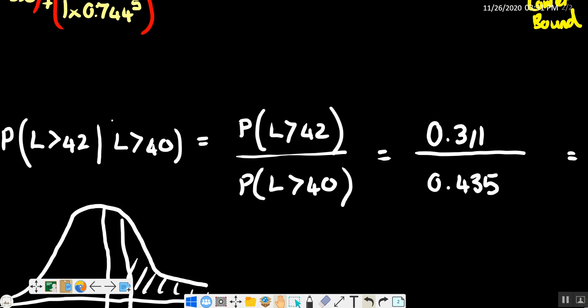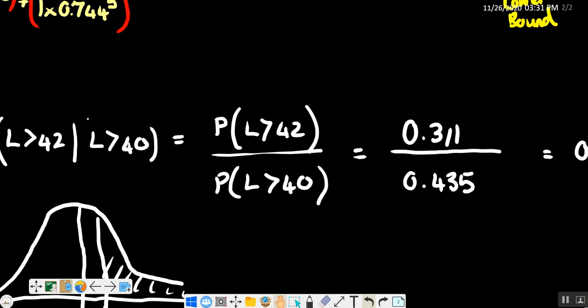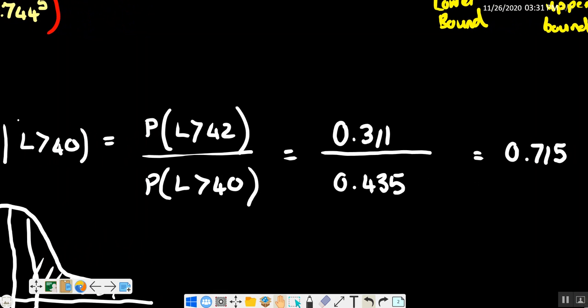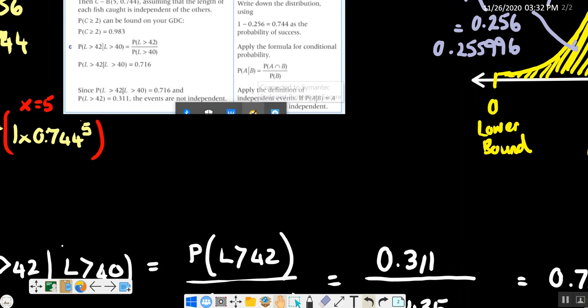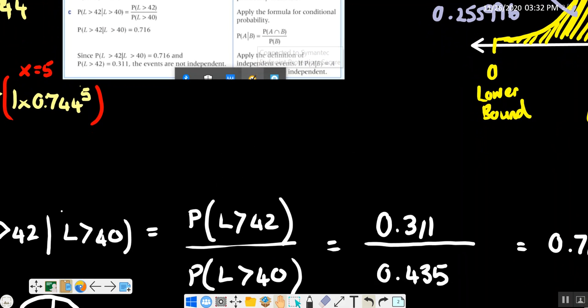Sort of in that area, isn't it? But if you think about it, 42 and 40 given 40, yeah? You remember this could have been the probability of that and that, yeah? We stick them together, right? What they're saying is 0.715 is the probability of that, and 0.311 is just the 42, all right? So what are they suggesting?